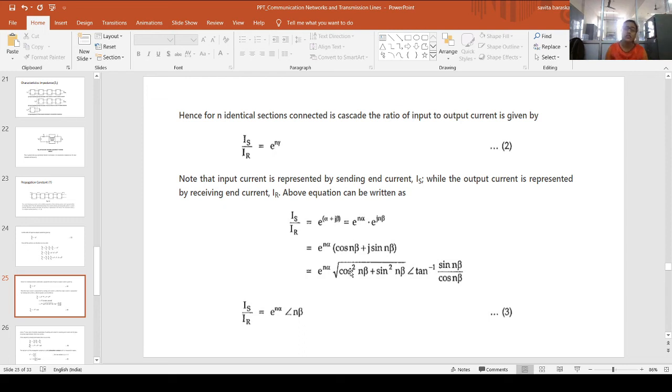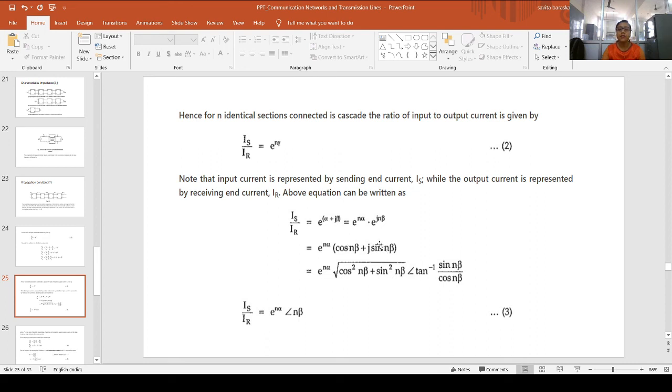Because it is a vector quantity, we have to write the modulus of it and the angle of the propagation constant. So the modulus of cos n beta plus j sin n beta is the square root of cos square n beta plus sin square n beta, because modulus is the square root of real part square plus imaginary part square.